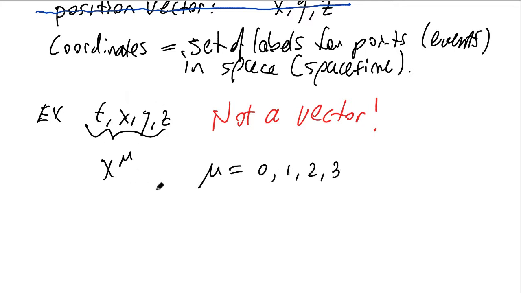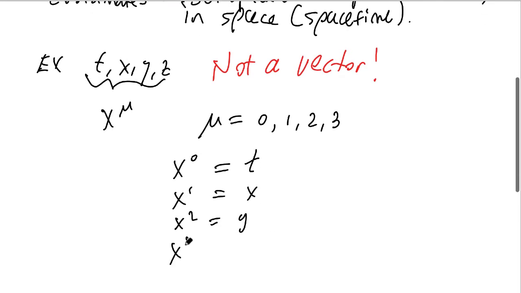So in this example, x superscript 0 is just another notation for t. x1 is another notation for x, x2 is another notation for y, and x3 is another notation for z. Again, this is not a vector. It's simply a set of labels labeling points in space-time or events in space-time.